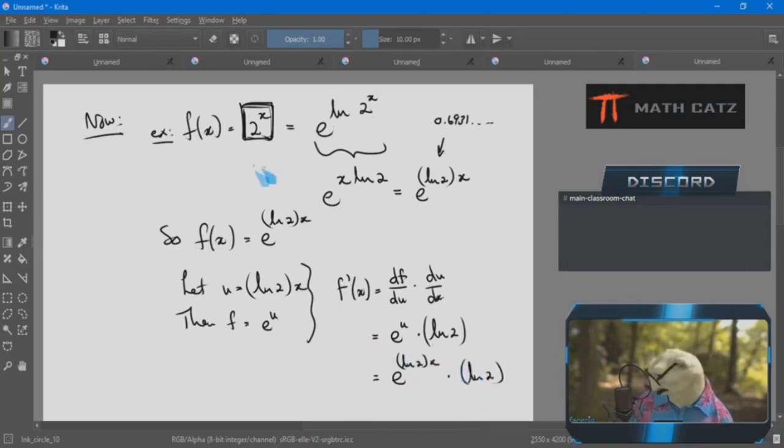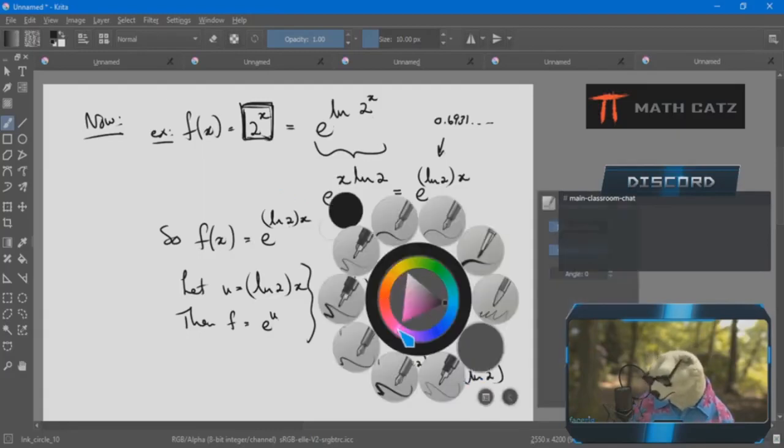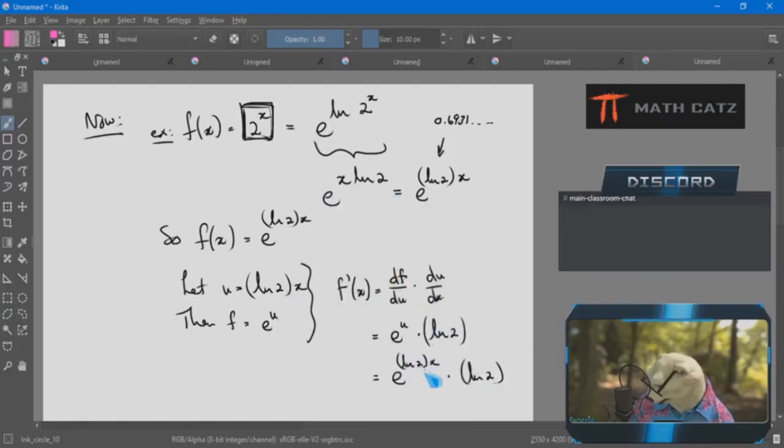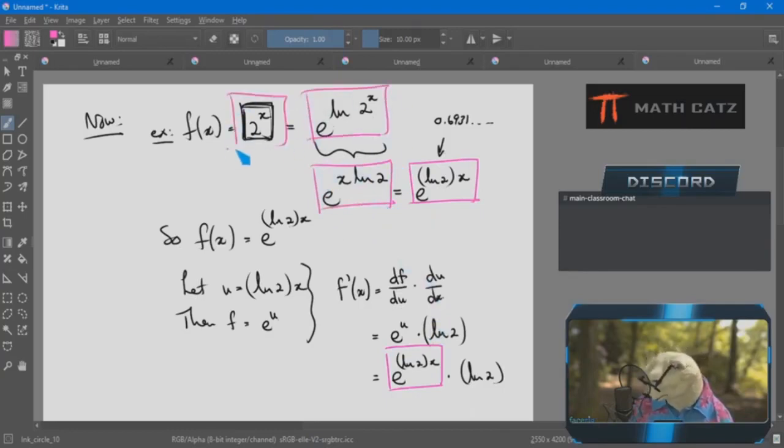But now, have a look here. Let's use some color. Have a look at this. This guy is exactly the same as this guy up here, which was the same as this guy, which was the same as this guy. They're all equivalent.